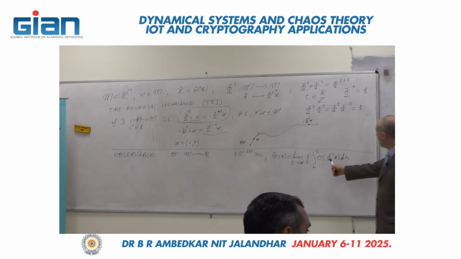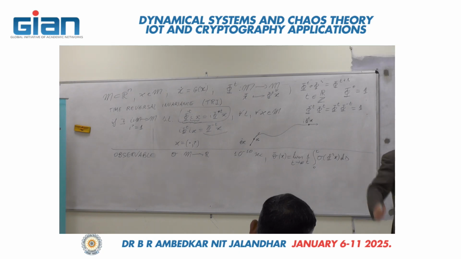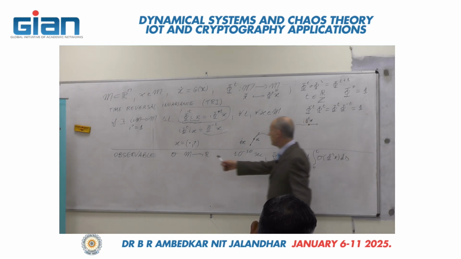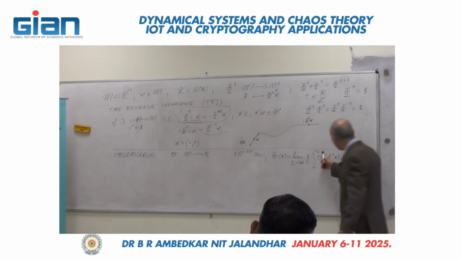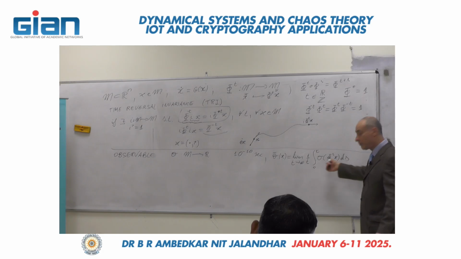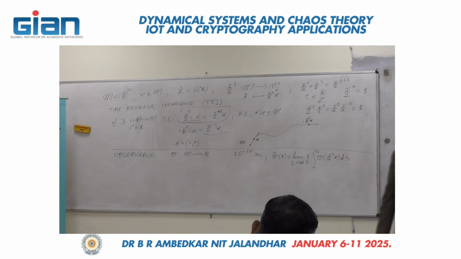So, phi s x is the point at time s. O is a function defined on M, so it takes a value there. If you integrate, you sum over all the values along the whole trajectory up to time t. Divided by t, you have what is called the time average.